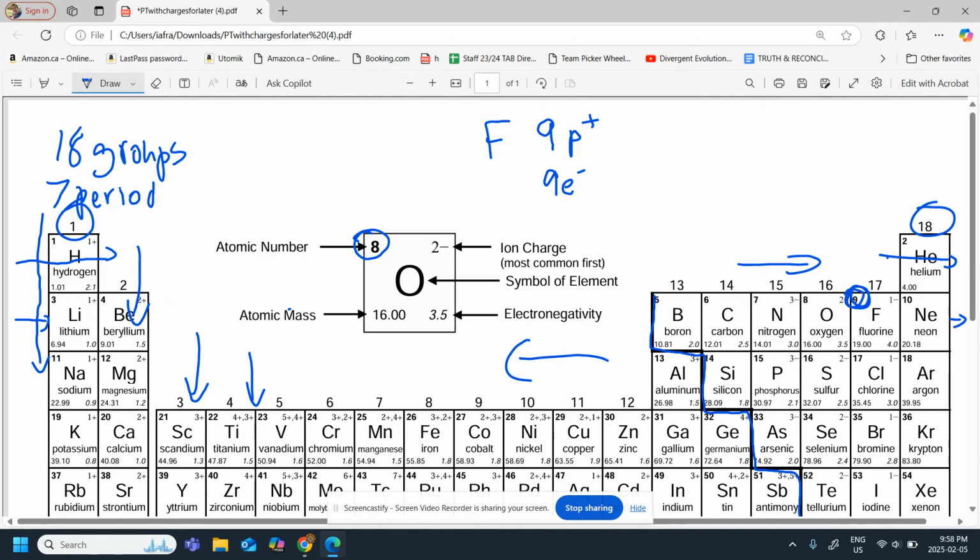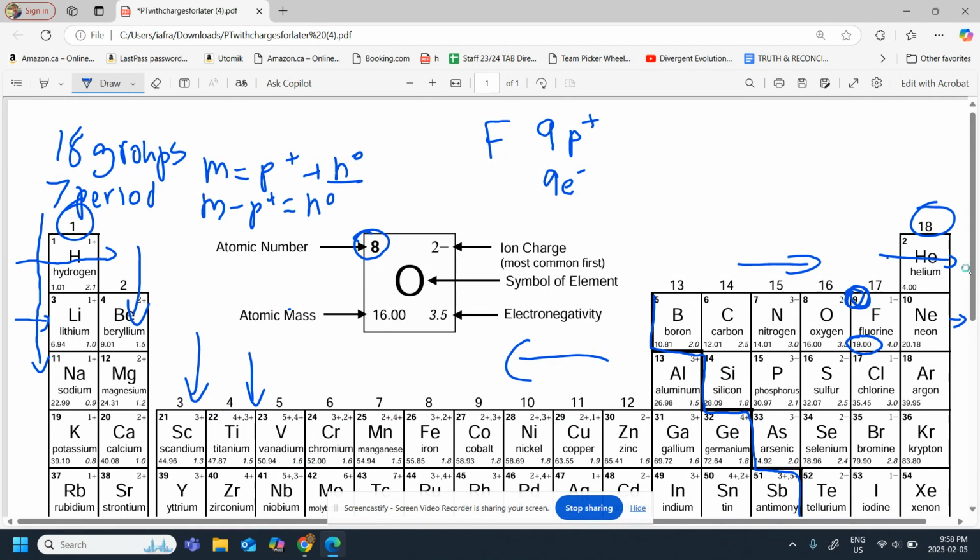Then, if you want to find the number of neutrons, you have to understand that atoms weigh something. Their weight does not come from electrons because they're very light. It comes from protons and neutrons. So the mass of an atom, let's call it M, is equal to the number of protons plus neutrons. So if you want to find the number of neutrons, you would just have to do the mass minus the protons.